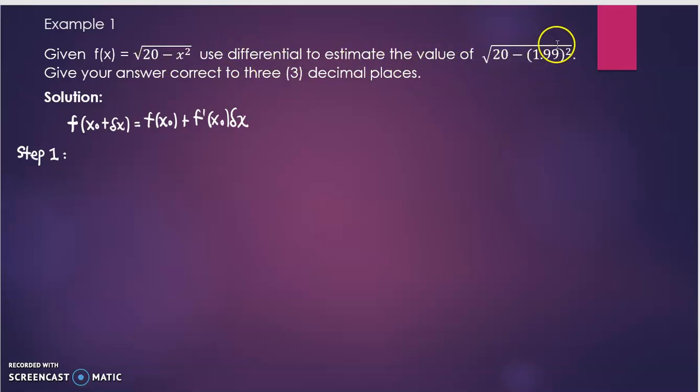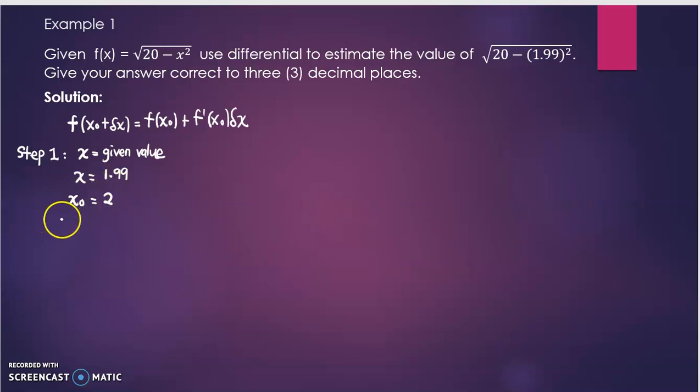So x is equal to the given value, 1.99. Now we estimate x0. Remember, our x0 must be close to 1.99 and it must be an integer. So I estimate it at 2.